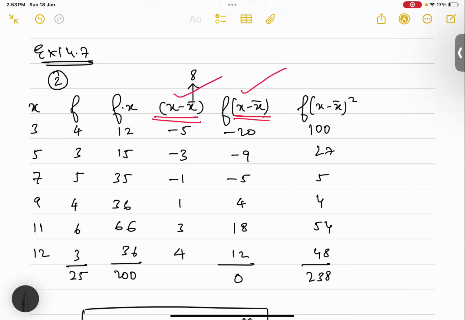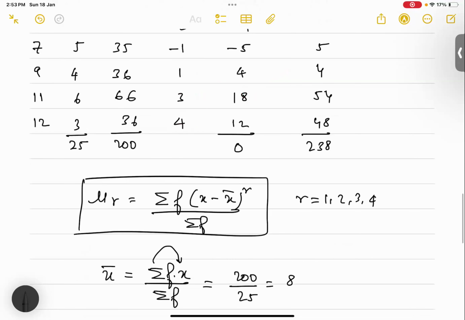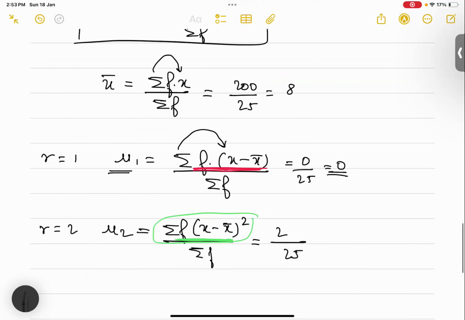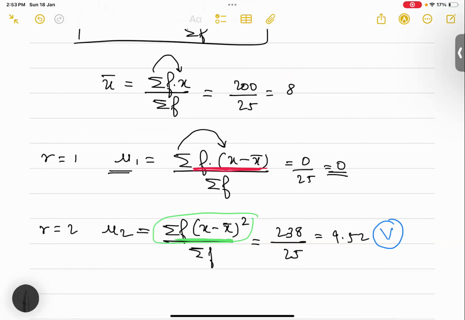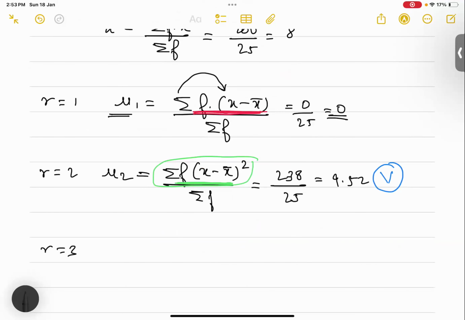Now, the third central moment. r is equal to 3: mu3 equals summation f into (x minus x bar) the whole cube upon summation f. Summation f is 25. Summation is besides f into (x minus x bar) the whole cube, so that column should be there.